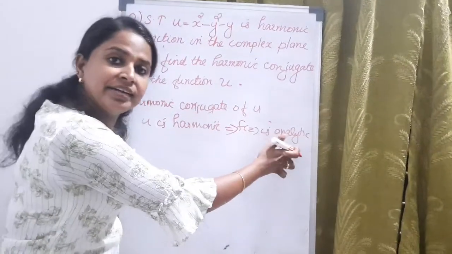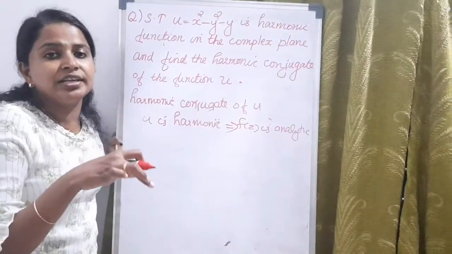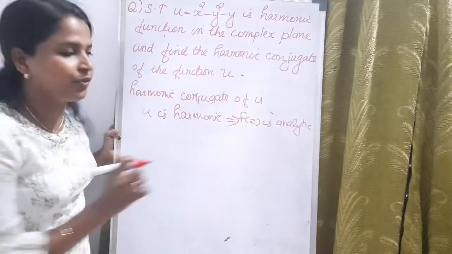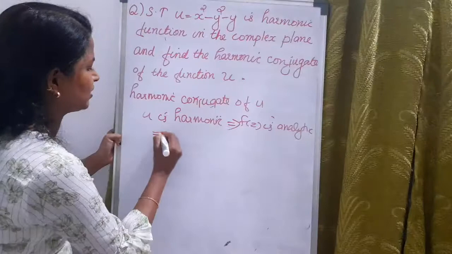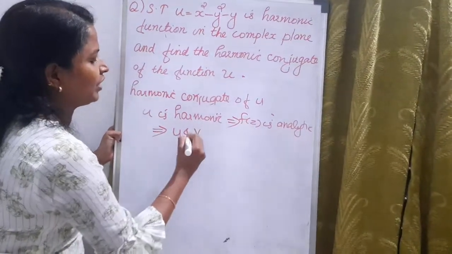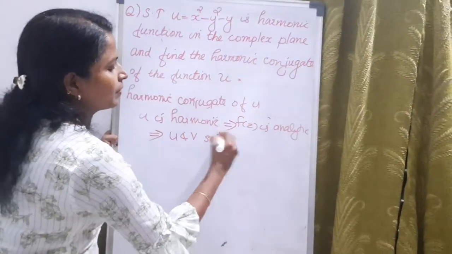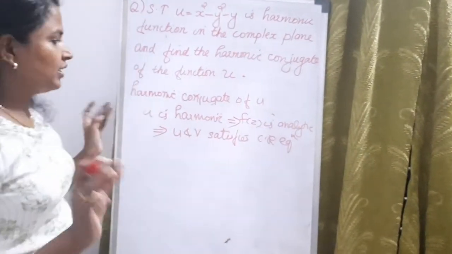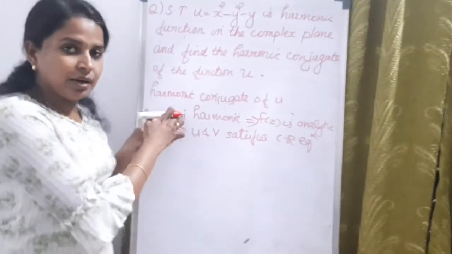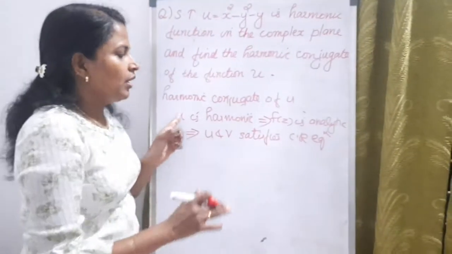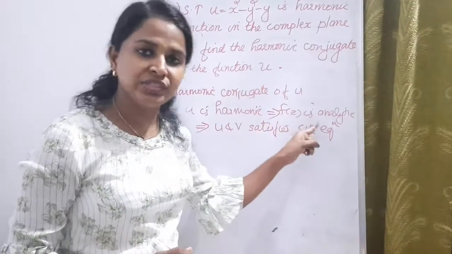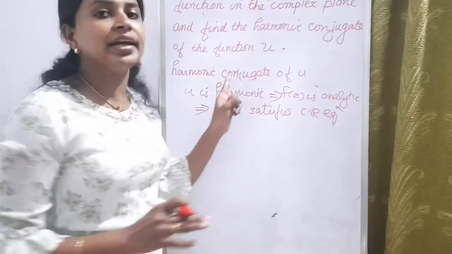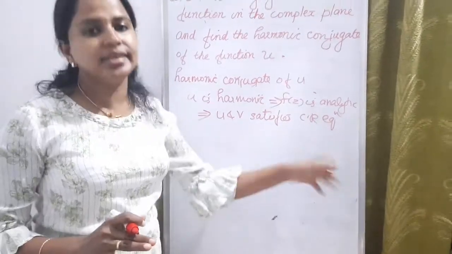F of z is analytic means the real part and imaginary part of f of z satisfy the CR equation, the Cauchy-Riemann equation. If f of z is analytic, the real part and imaginary part satisfy the CR equation.